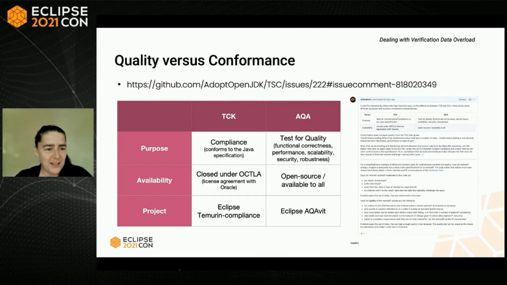Because of the license agreement that says things must stay closed and private, the project we work and run TCKs under is a closed project called Eclipse Tamarind Compliance. And of course, Aqua is the Aquavit project, and it's open source and available to all. But you can consider these two types of testing complementary, but very distinctly different from each other.